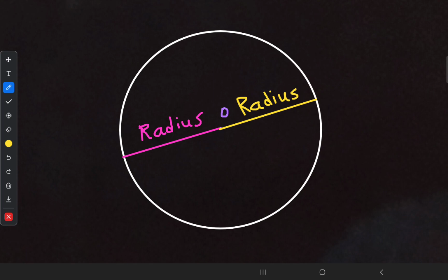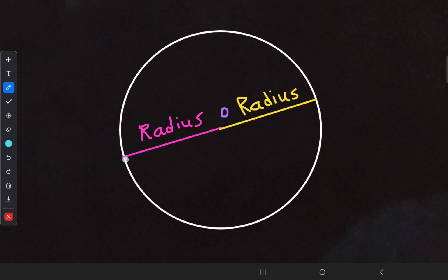Earlier we studied diameter. What I explained to you as a diameter means from the circle through the midpoint to the other side of the circle.